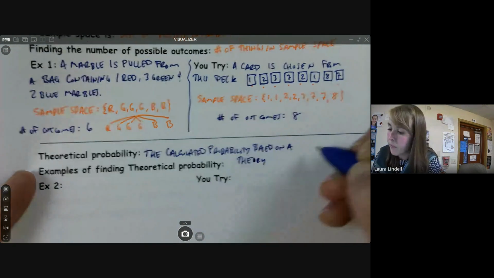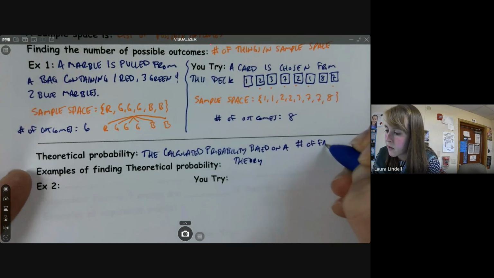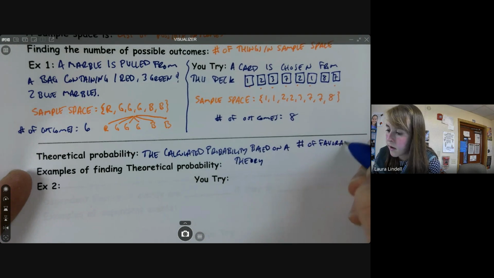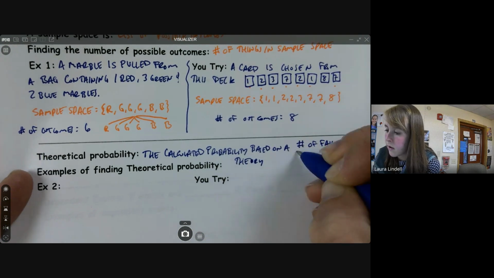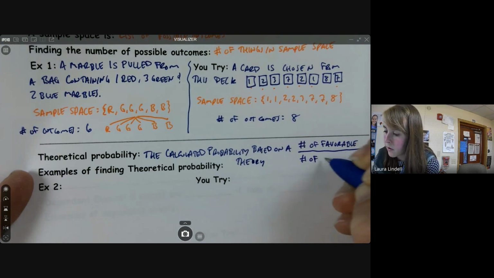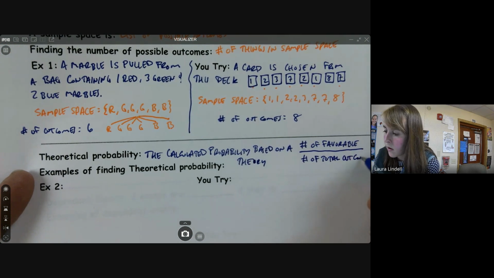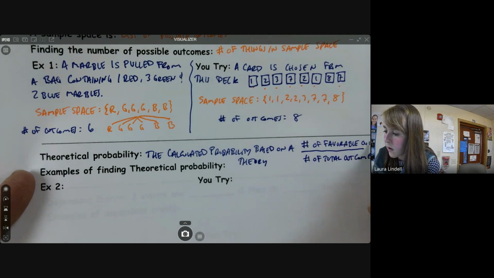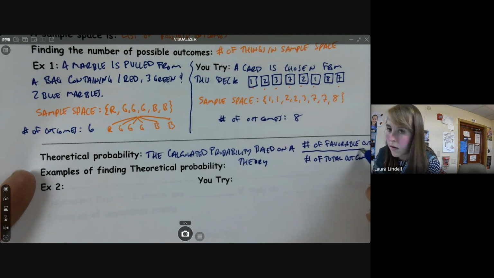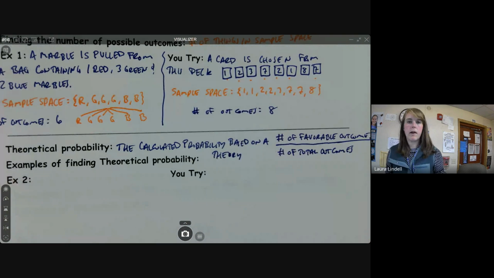And usually it's the number of favorable outcomes over the number of total outcomes. Number of favorable outcomes over the number of total outcomes. So that's what we're looking for there.